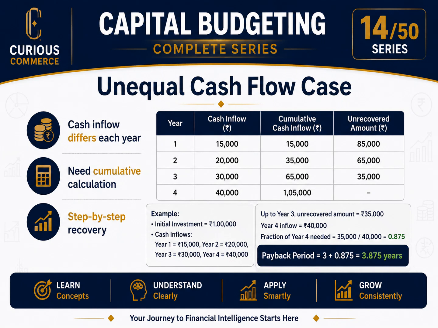If you take this example, the cash inflow for the first year is 15,000, the second year is 20,000, the third year is 30,000, and the fourth year is 40,000. In these scenarios, it is not appropriate to adopt the basic formula of total investment divided by annual cash inflow. That's why we adopt the cumulative method.